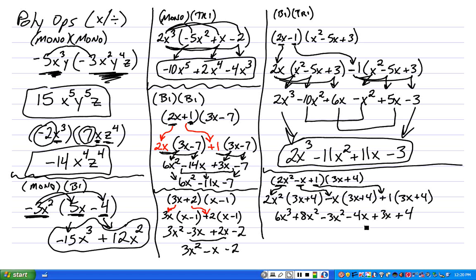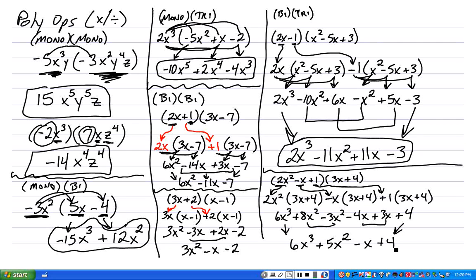Combine like terms. These terms are alike. These terms are alike. Bring my 6x to the third down. 8x squared minus 3x squared is positive 5x squared. Negative 4x plus 3x is a minus 1x. And I bring down plus 4. So that would be my answer.